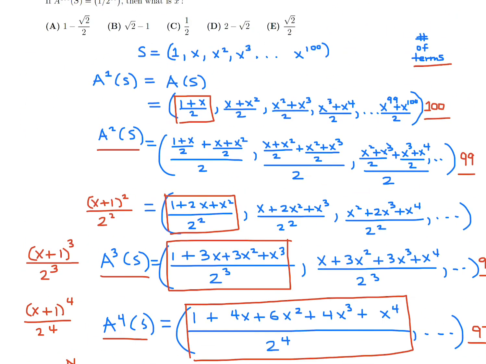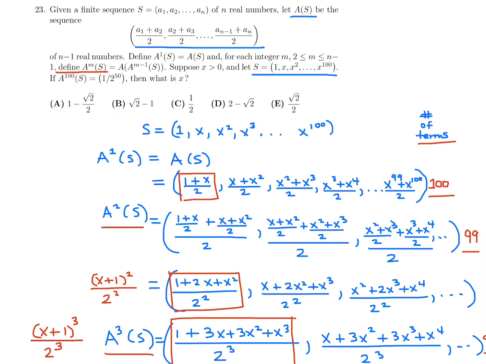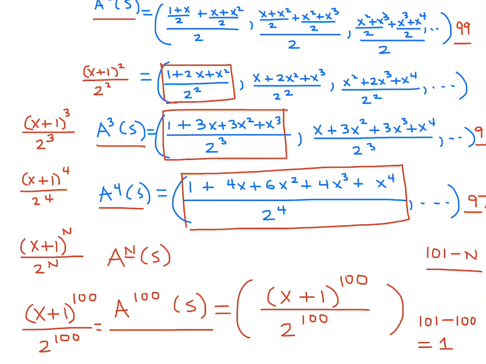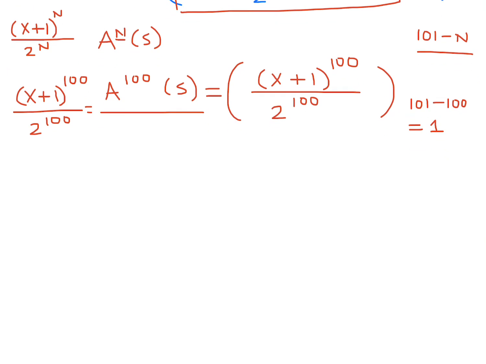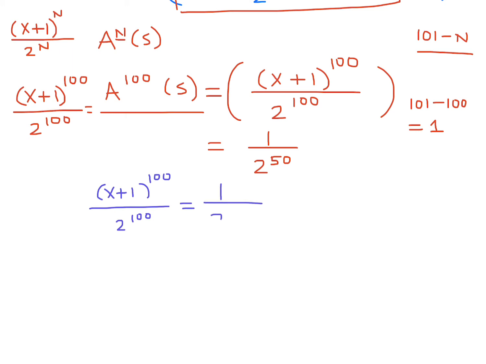And they tell you in the question right here that A_100 is equal to 1 over 2 to the power of 50. All right, I can figure this out now. So here we go. (x plus 1) to the power of 100 over 2 to the power of 100 is equal to 1 over 2 to the power of 50.